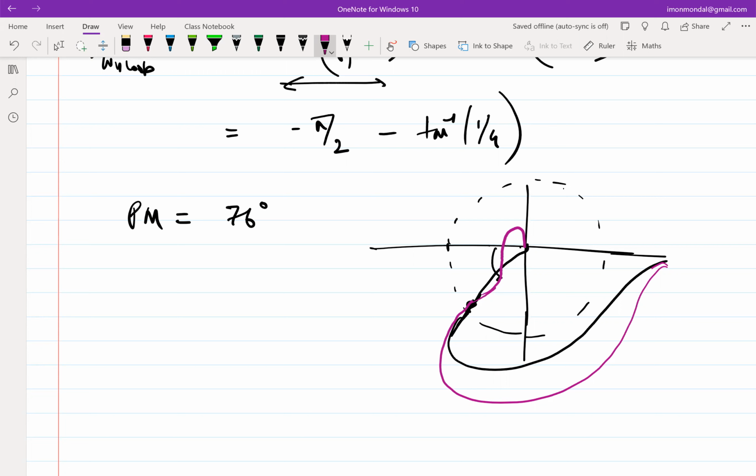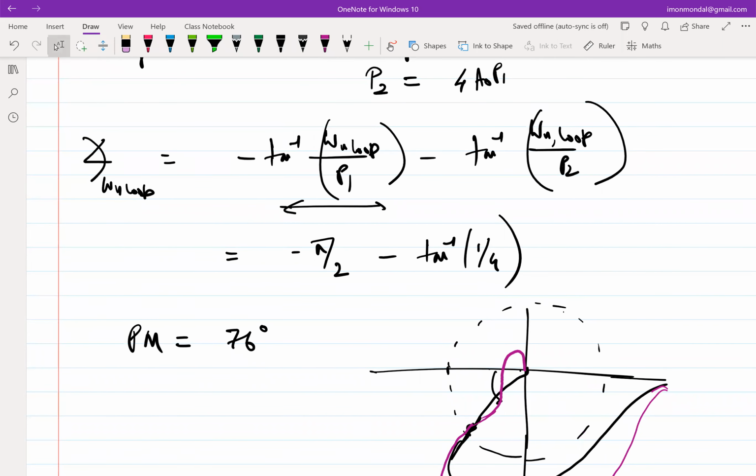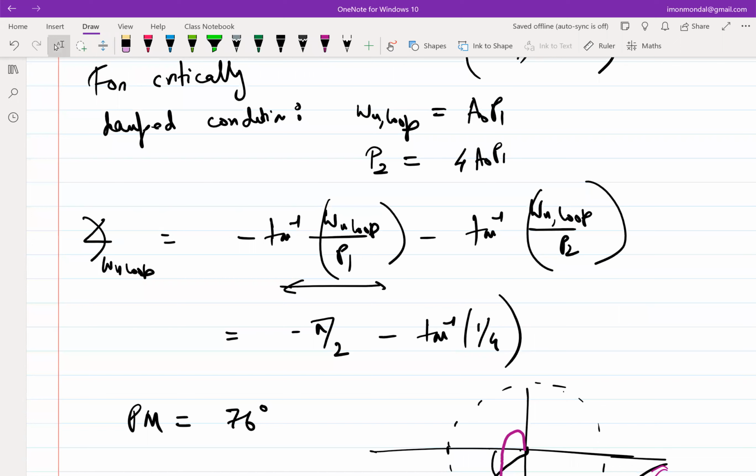Now, coming back to his question, this essentially gives you an idea of how far P2 will be in a second order system with respect to omega u loop. P2 has to be 4 times omega u loop in order to have the critically damped condition. Now, assume you have a third order system and you want to mimic this critically damped condition.